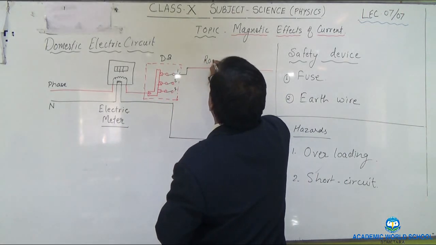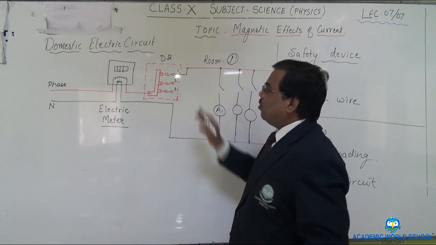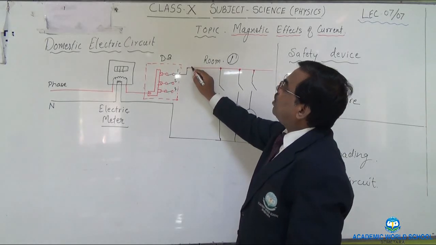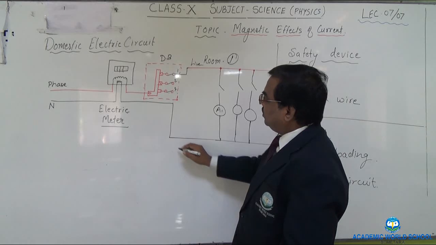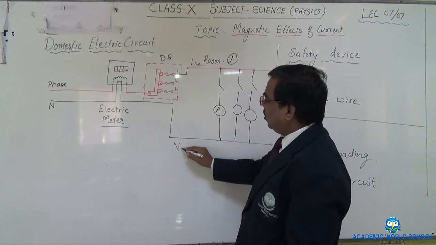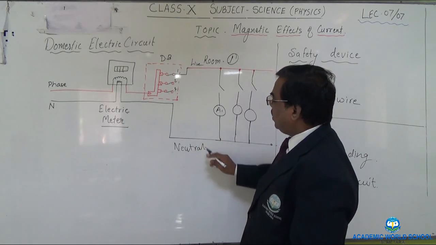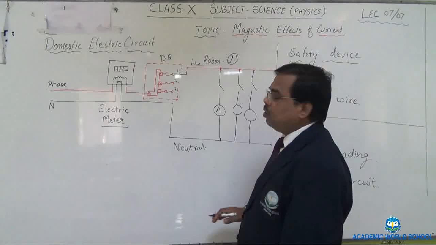It goes into your room 1. So in room 1 what will be there? There will be one phase wire, it is called live, and the other one is neutral. So phase and neutral both will enter every room.